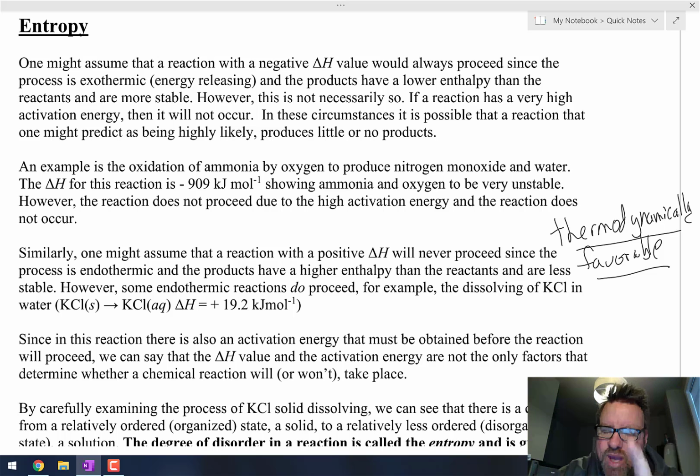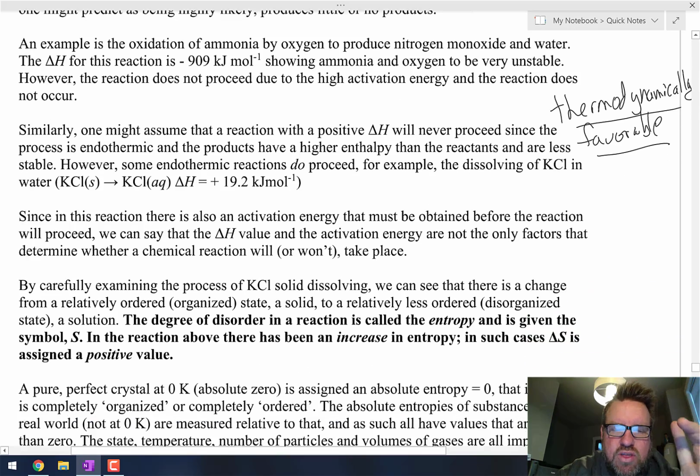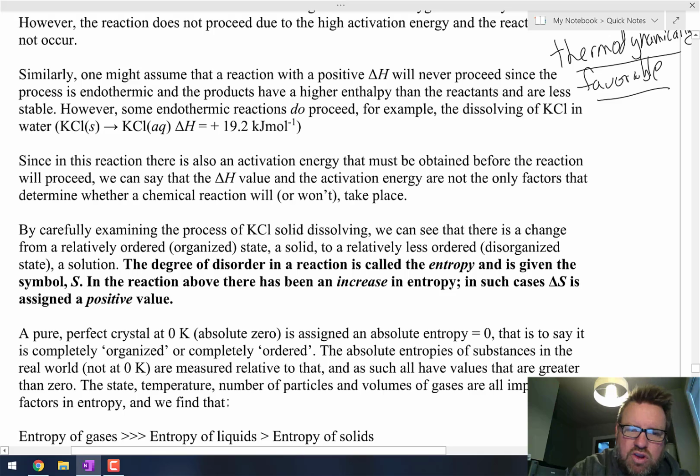Enthalpy absolutely plays a part in that, but there's one other thing that also plays a part in it, and that is what's called entropy. Entropy, which is not enthalpy, is a measure of how disordered something is. So the degree of disorder is called entropy, and delta S is the symbol that we use.